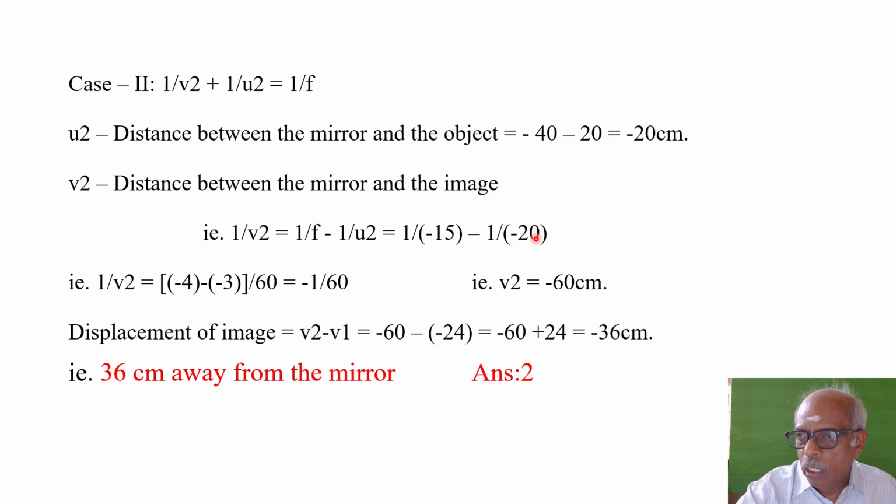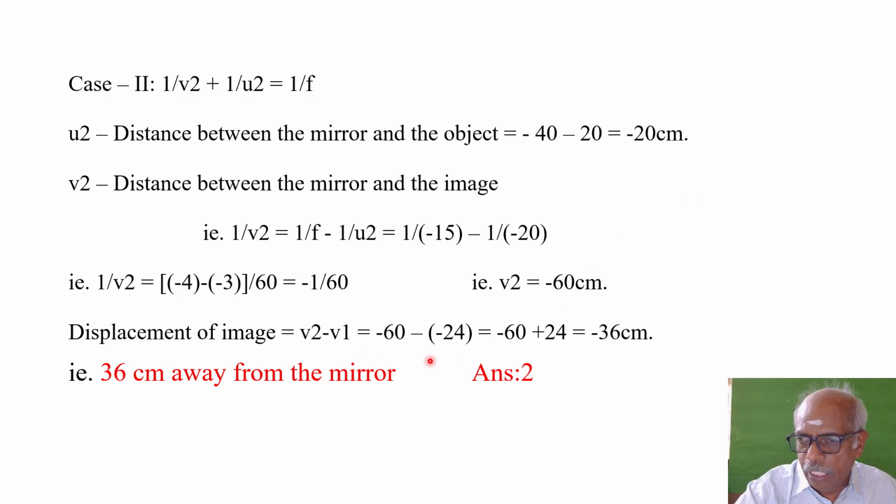What is the LCM for 20 and 15? 4 into 15 is 60, 3 into 20 is 60. So minus 4 plus 3 is equal to minus 1 divided by 60. 1 by v2 is equal to minus 1 by 60. So v2 is equal to minus 60 centimeter. What you are going to find out is the displacement of the image: v2 minus v1. v2 is minus 60 centimeter, v1 is minus 24 centimeter, which was found in the previous slide.